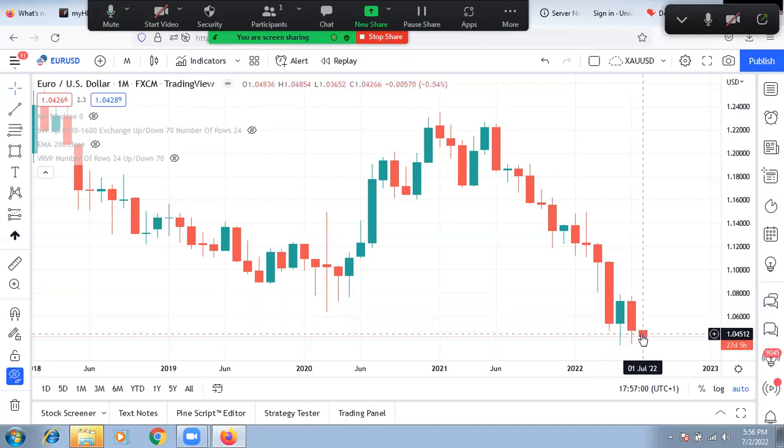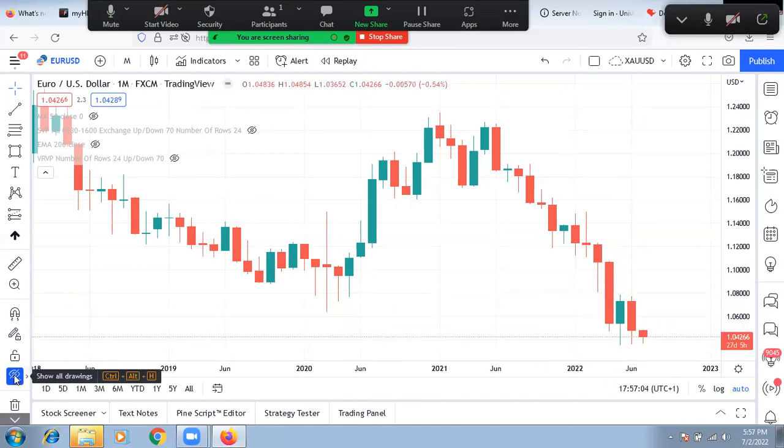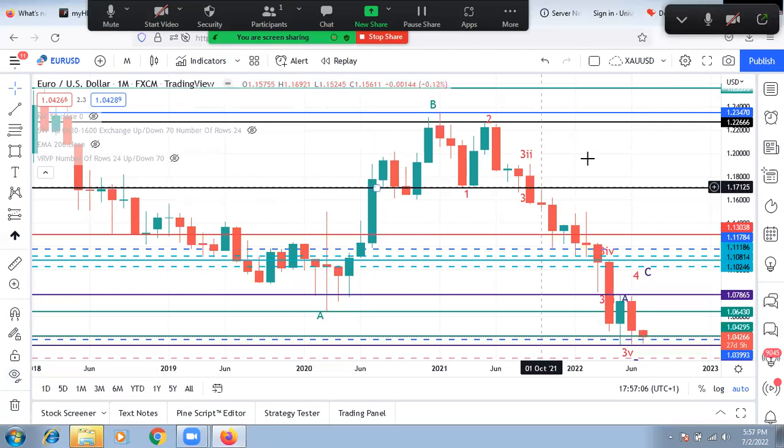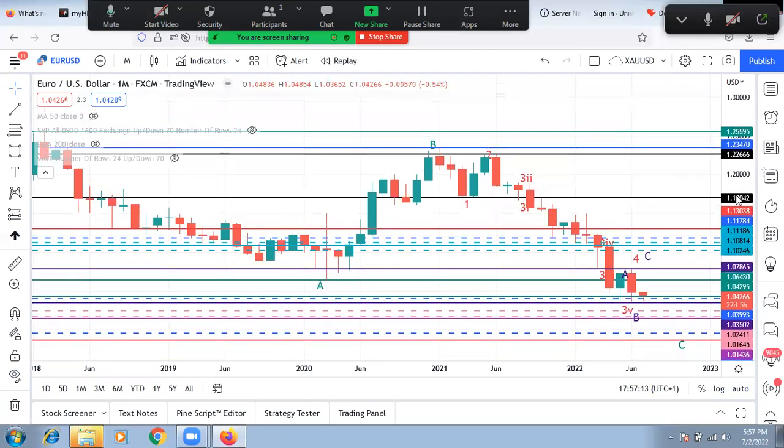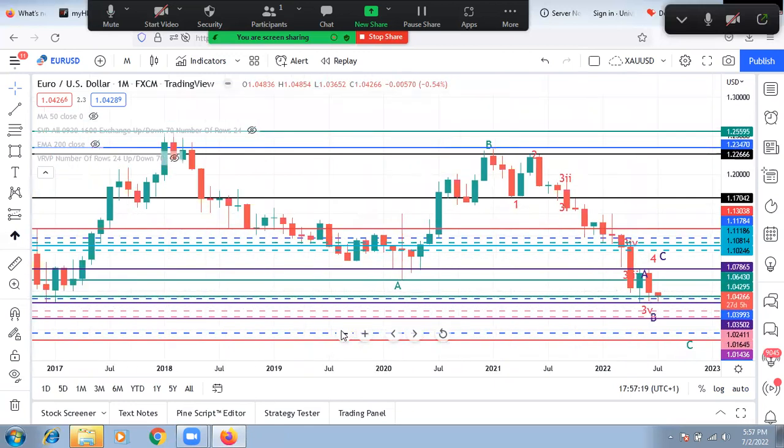Now, if I bring out my structure, my drawings, looking at this drawing, we said the A wave started from here and ended here, and the B, and so we are going to end the C where you have this last line here before the red.